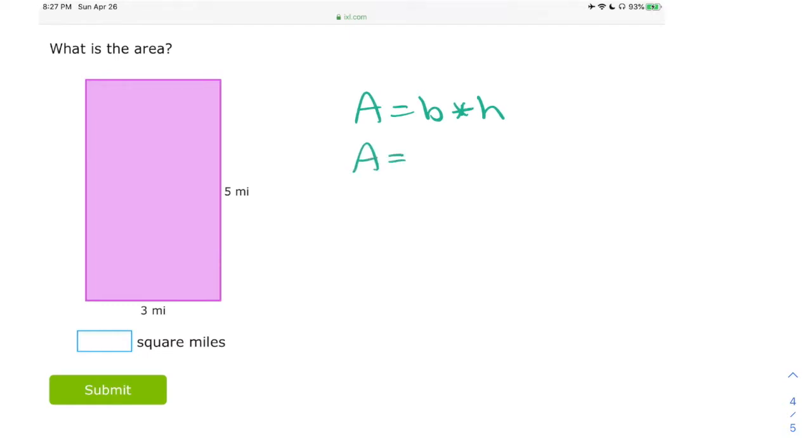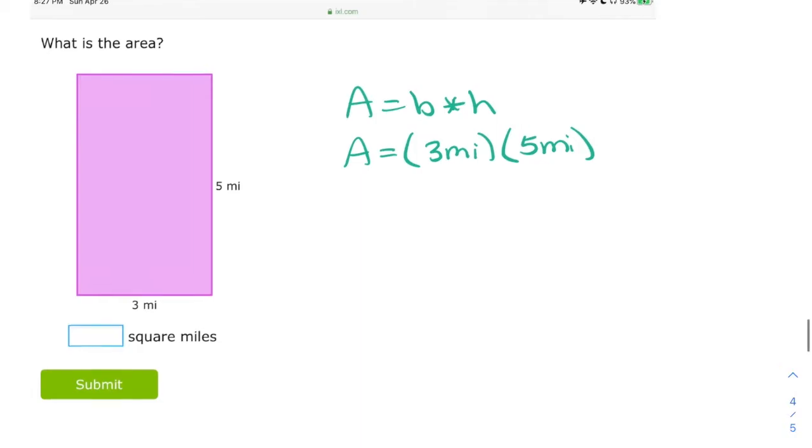So area is equal to 3 miles times 5 miles. Now, this can be the base and this can be the height, or this can be the base and this can be the height. As long as it intersects at a right angle, then we are good to go.